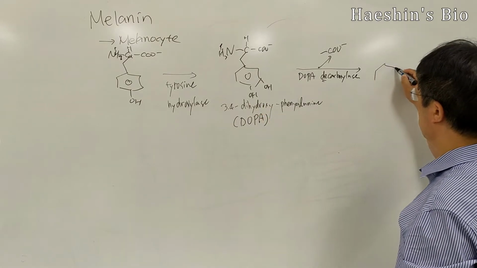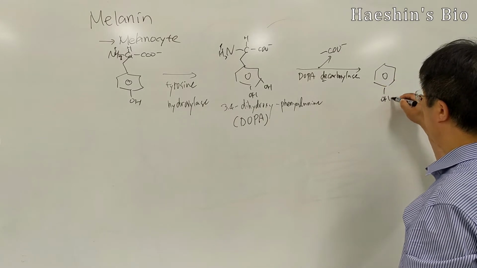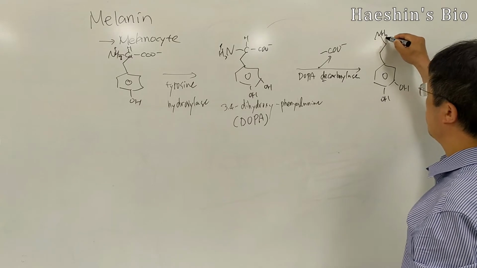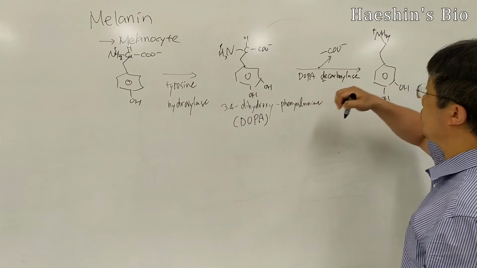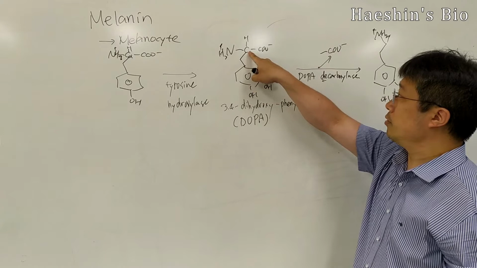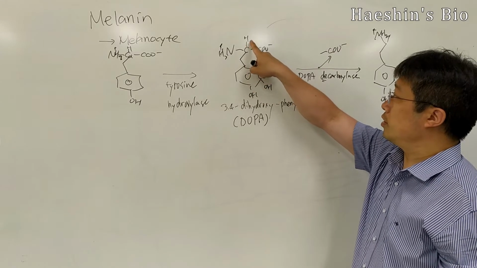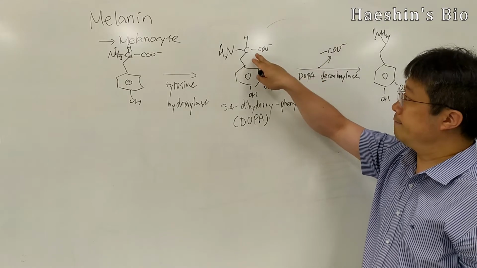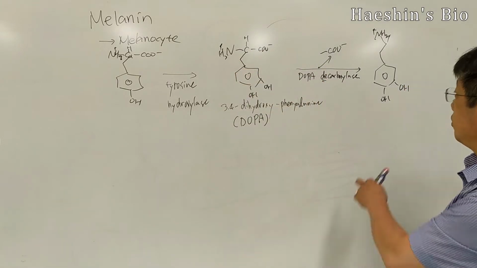So now the dopamine structure. Then 1 carbon, 2 carbon, and then you get an NH2 because they decarboxylated. So this is the famous dopamine.